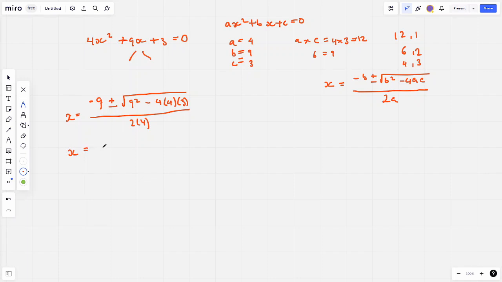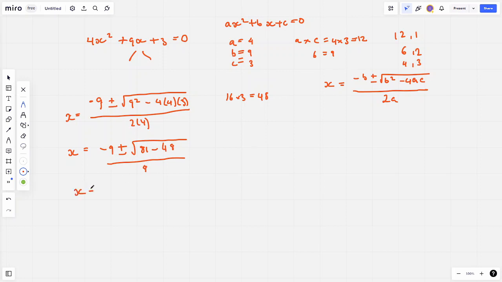That will leave us with x equals minus 9 plus minus the square root of 9 squared. So you've got 81, so that's 9 times 9, minus 4 times 4, which is 16, and then 16 multiplied by 3, which is 48. So we can add that in and then divide it by 2 times 4, which is 8.